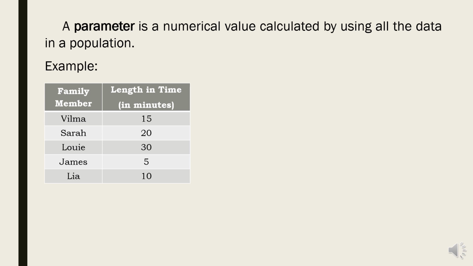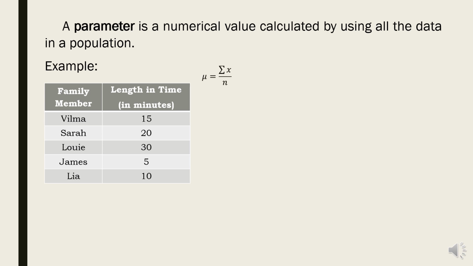Our parameter here, or our population, is a family that consists of 5 members with a corresponding length of time in minutes. Now, let us compute the mean of the length of time of the 5 family members.